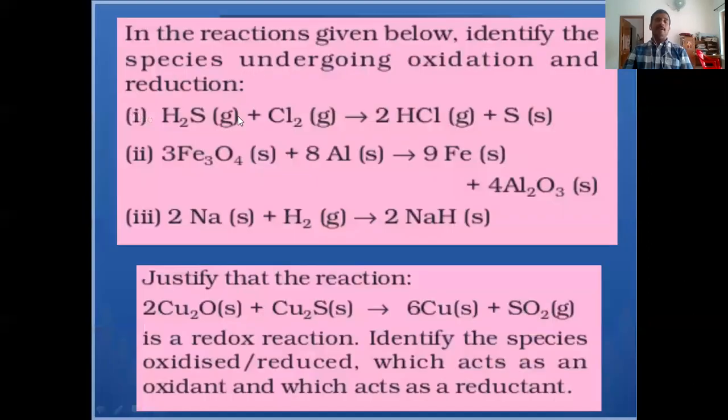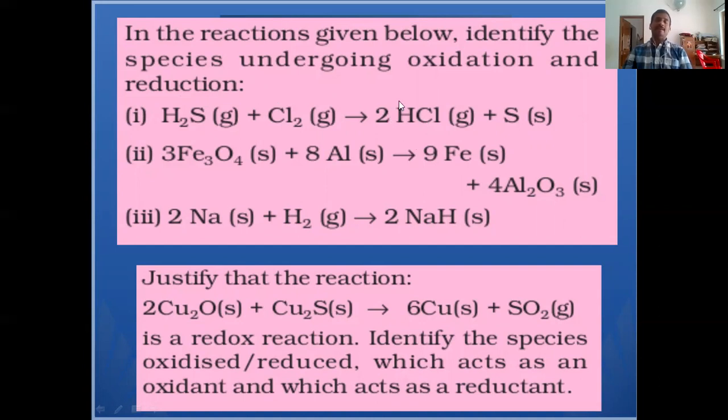Another question. Here you have to find out the oxidation half and reduction half. You have to assign oxidation numbers. Hydrogen, what is the oxidation number? +1. So what is the oxidation number of sulfur? -2. Chlorine element, 0. So +1, -2, 0.